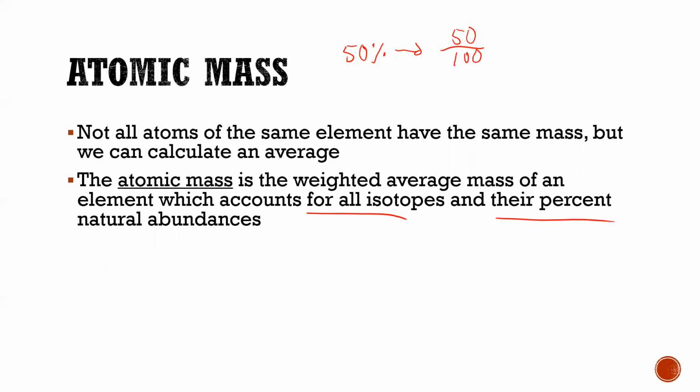So we're going to convert percents to fractions. Now, if you don't like a fraction, that's totally okay. The other thing you can do is change it to a decimal. So you can just say 0.50. Now, why 0.50? Because this is the hundredths place, and 50% is 50 hundredths, right?